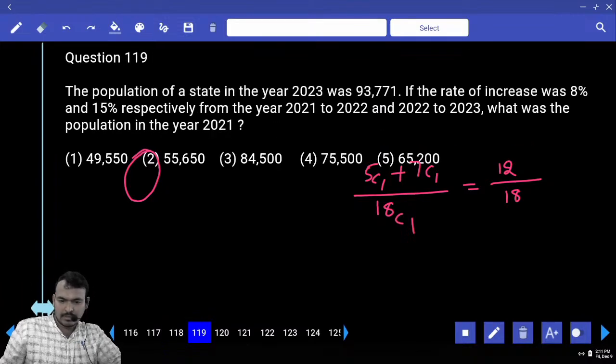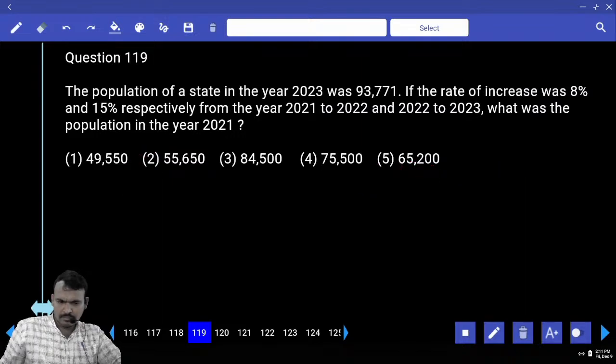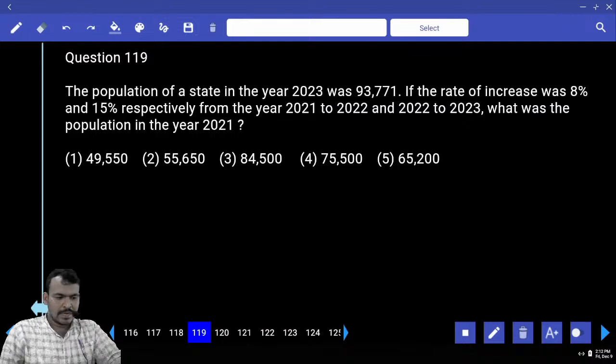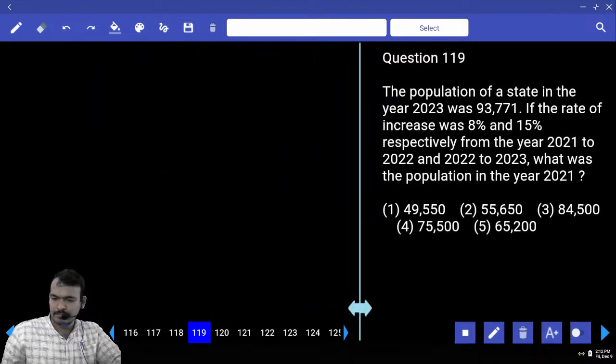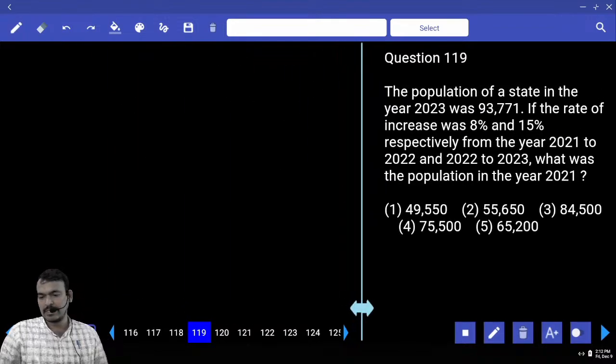Next question number 119. The population of a state in the year 2023 was 93,771. If the rate of increase was 8% and 15% respectively from the year 2021 to 2022 and 2022 to 2023, what was the population in the year 2021?